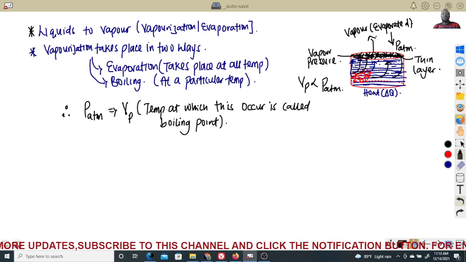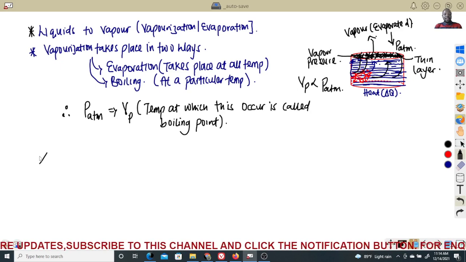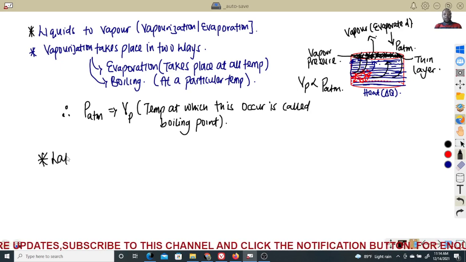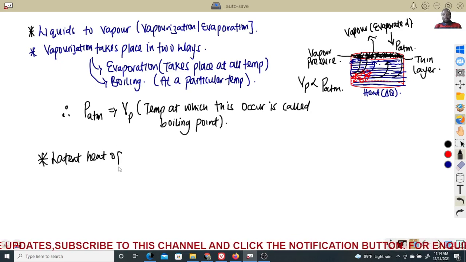So, in sequence to what we have defined, now we can also define another important parameter, which I think is also very important, which we call latent heat of vaporization.